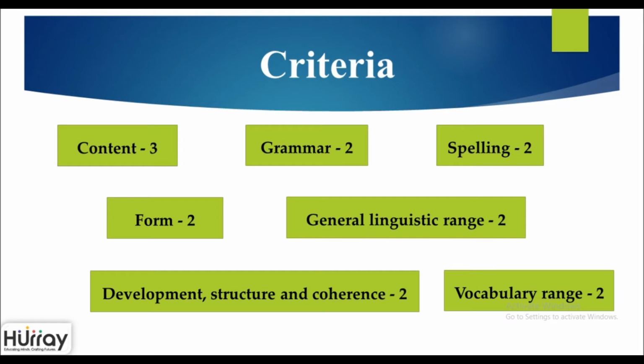Your vocabulary could either be simple or it could be complex. But what is more important here is that the vocabulary should fit the kind of task or topic given to you. So except for content, all other criteria have got 2 marks each.